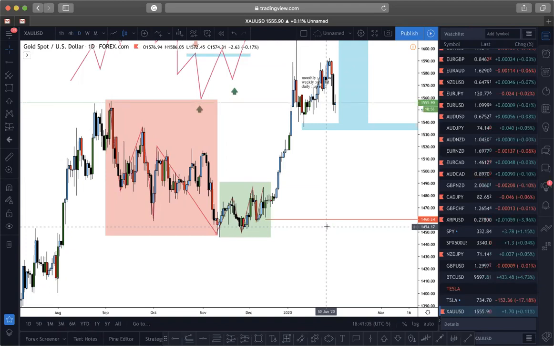So you just wait for the market structure to be broken. You follow the market while it's making its lower lows and lower highs. And then once the trend changes to higher highs and higher lows, you know, okay, this is the beginning of an uptrend. So you would look to get in.